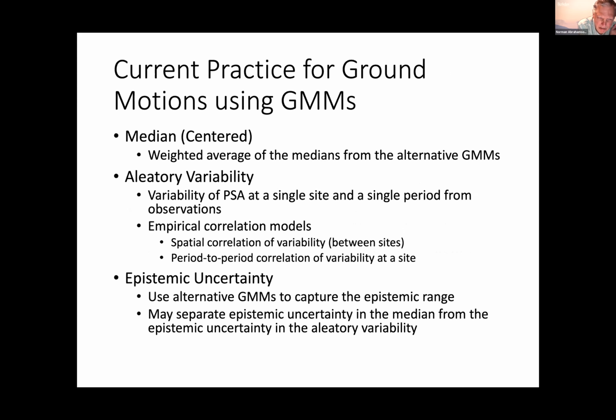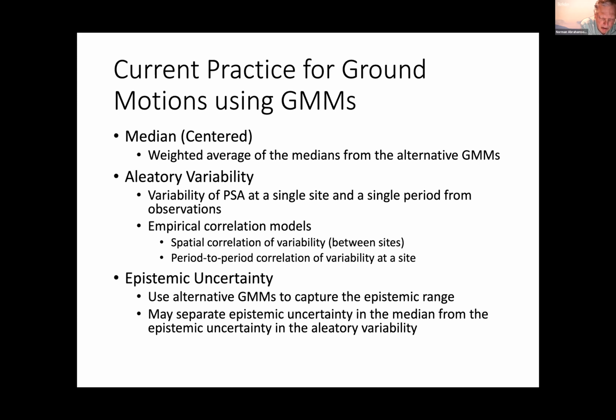In our current practice using ground motions, we use a median. Our centered model is typically the weighted average of alternative ground motion models. Our aleatory variability is from our empirical ground motion models that are single-site and single-period.